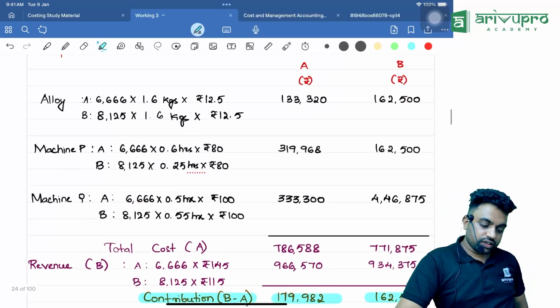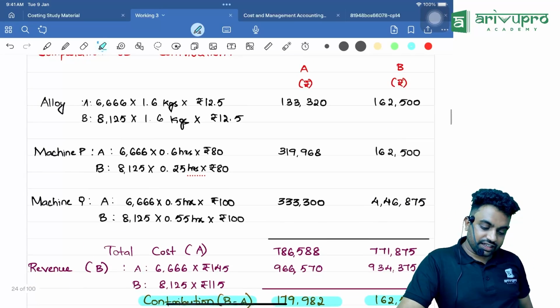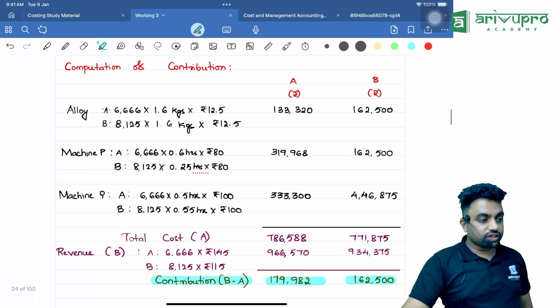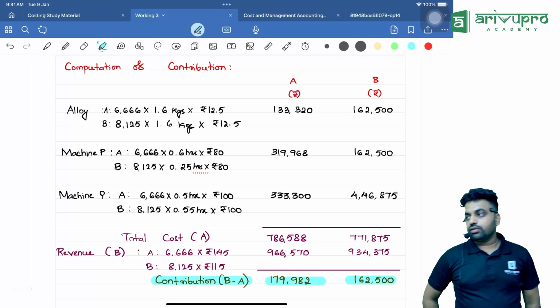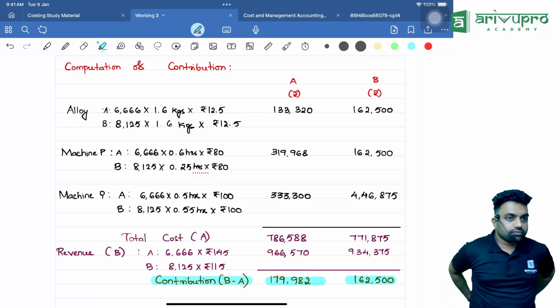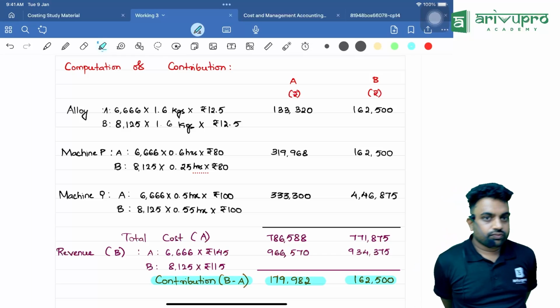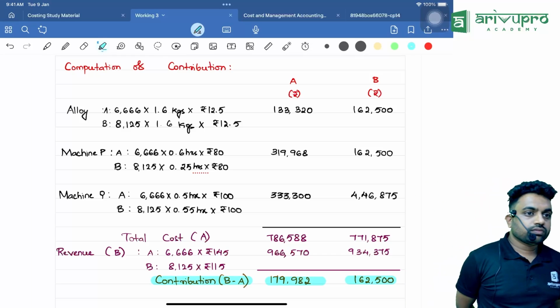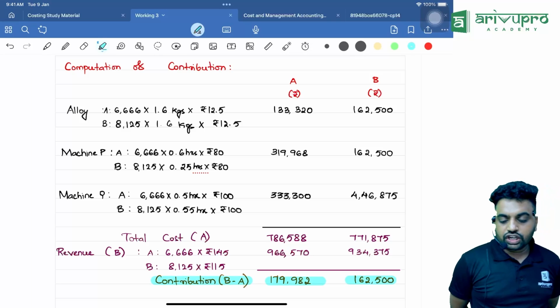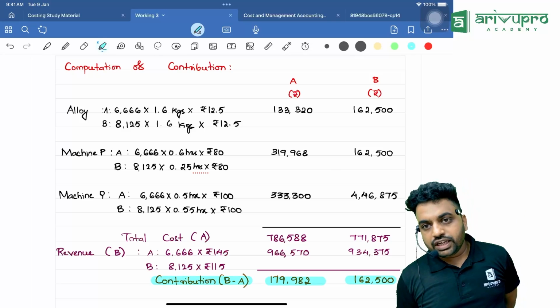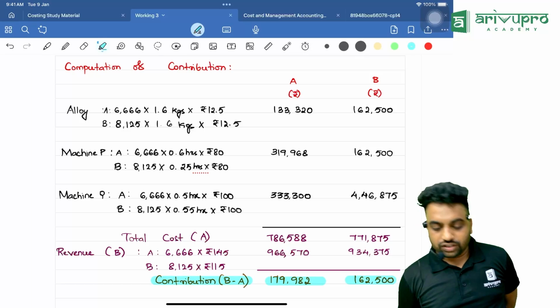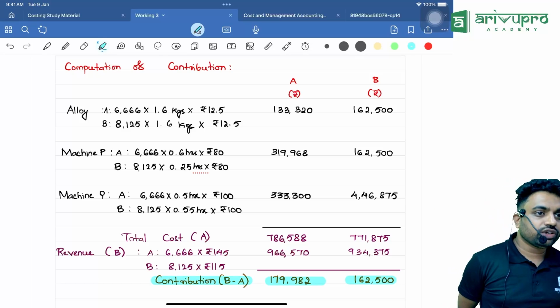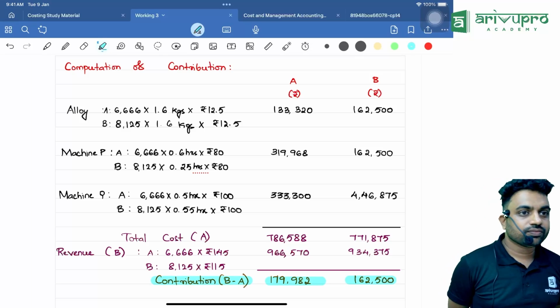A is more. So we are going to select A. End of the day, you produce B, you will get 1,62,500. You produce A, 1,79,982. Which one will you select as a company?